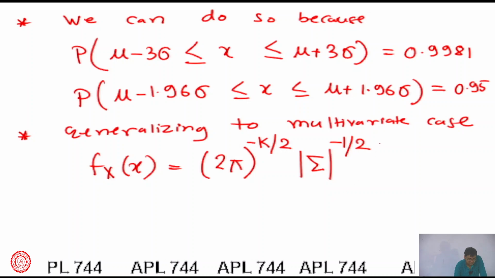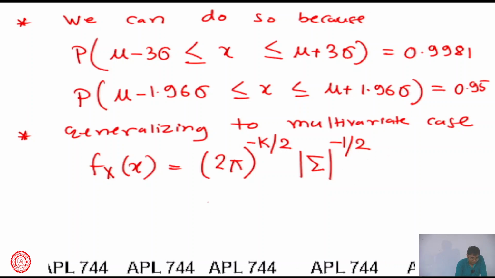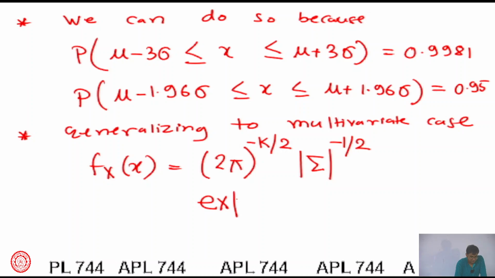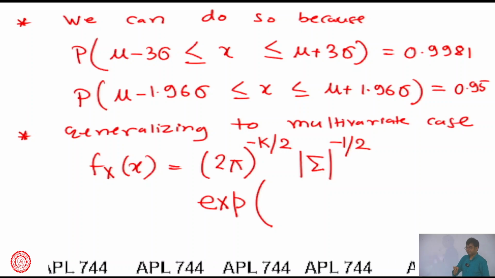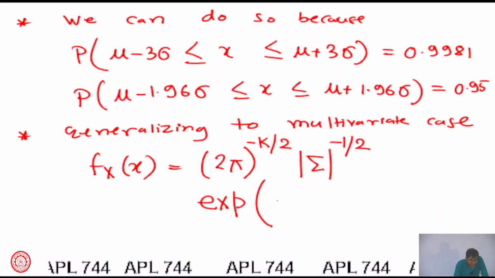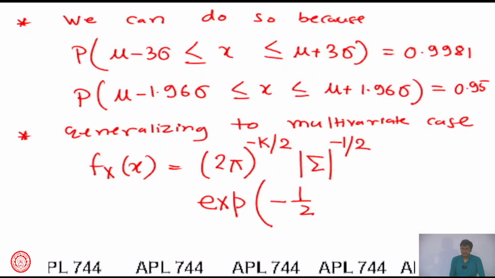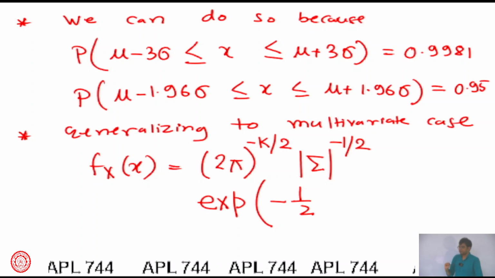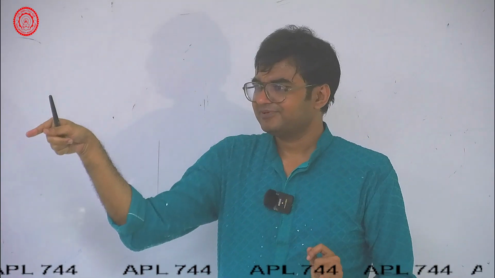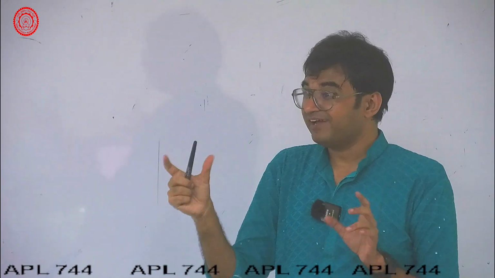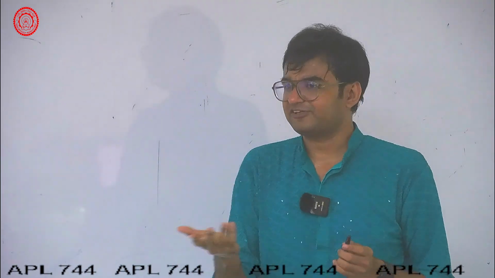And then you had the exponential, and inside the exponential, what was the quantity that was there? Minus half was there, so it should stay. And then you had x minus mu by sigma square, whole square. Now square does not hold any meaning when it is a vector. It has to be vector multiplication. So square is generally x transpose x.